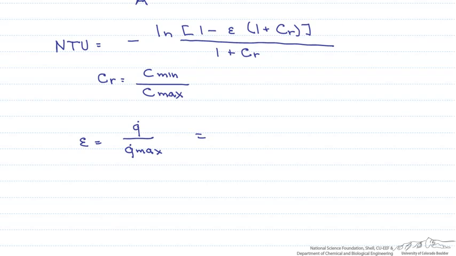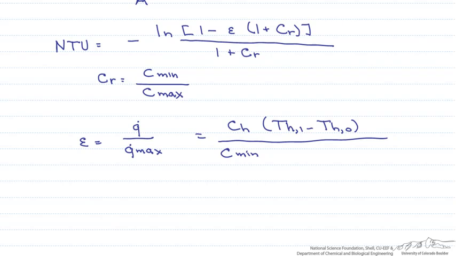And this is equal to the heat capacity rate of the hot fluid times the difference in temperature of the fluid coming in and out, divided by our minimum heat capacity rate times the temperature of the hot fluid coming in minus the temperature of the cold fluid coming in. Now that we have that effectiveness, we can calculate our NTU.